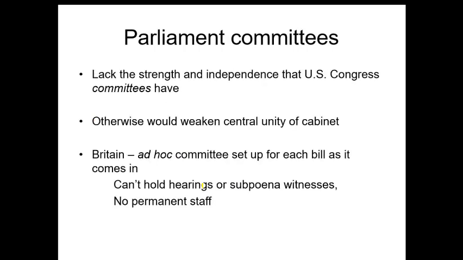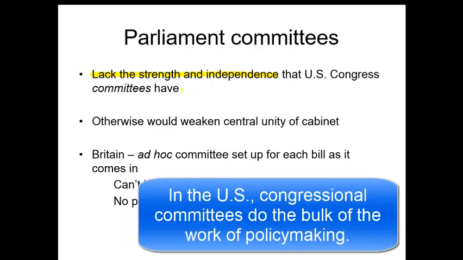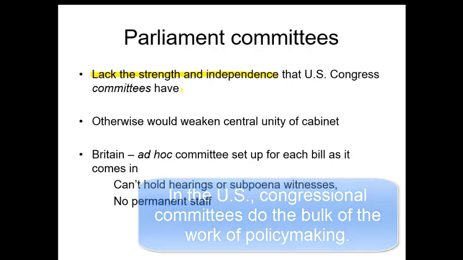Now, the committees in Parliament, this is another interesting contrast. The committees in Parliament do not have the strength or the independence that the U.S. Congress does. As we'll see in the next chapter, when we talk a little bit more about the legislative branch, the U.S. congressional committees have considerable power in shaping policy, fine-tuning it, honing it, getting it out into the chamber.